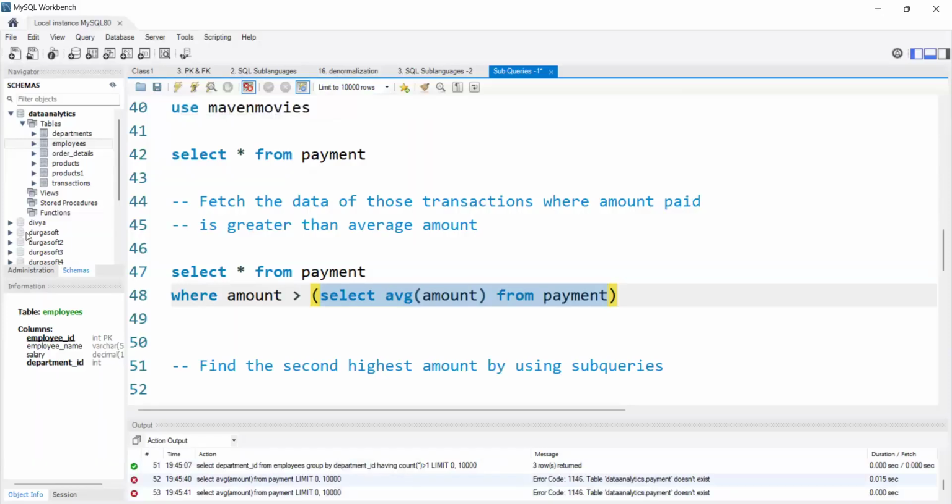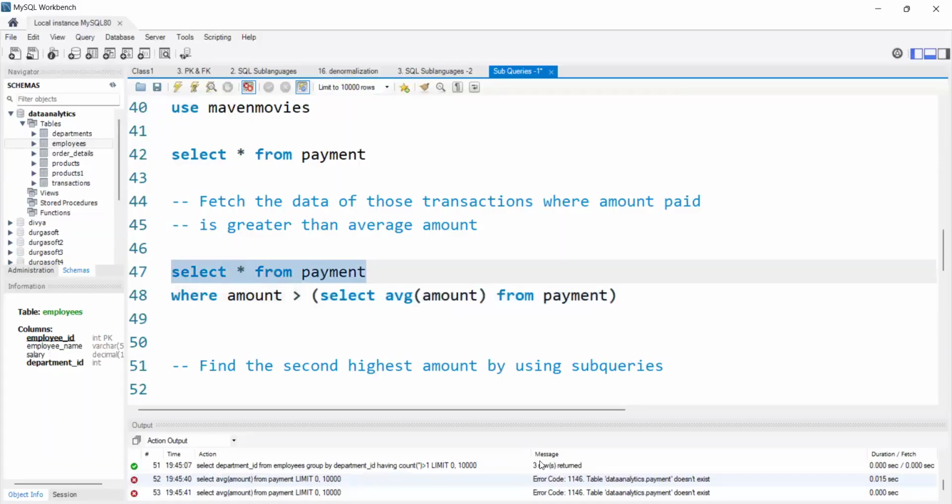Sorry, as you know, this is the Maven Movies database, and as I am in this database, it threw me an error. But you know that if we execute select average amount from payment, we will get the data, right? Such queries, single and multi-row subqueries, come under non-correlated subquery, because the inner query will not be related to the outer query.